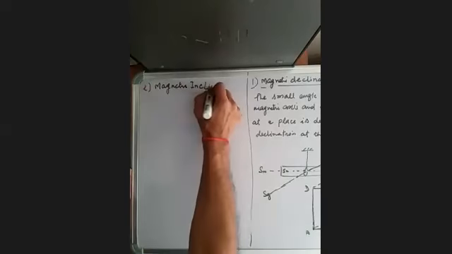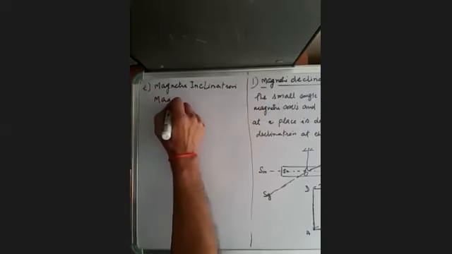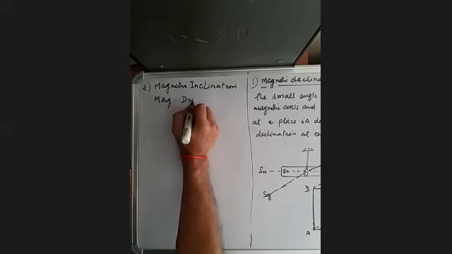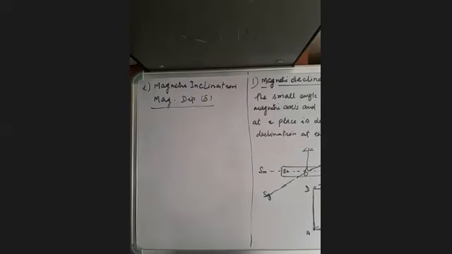Magnetic inclination, or magnetic dip, that is called delta.